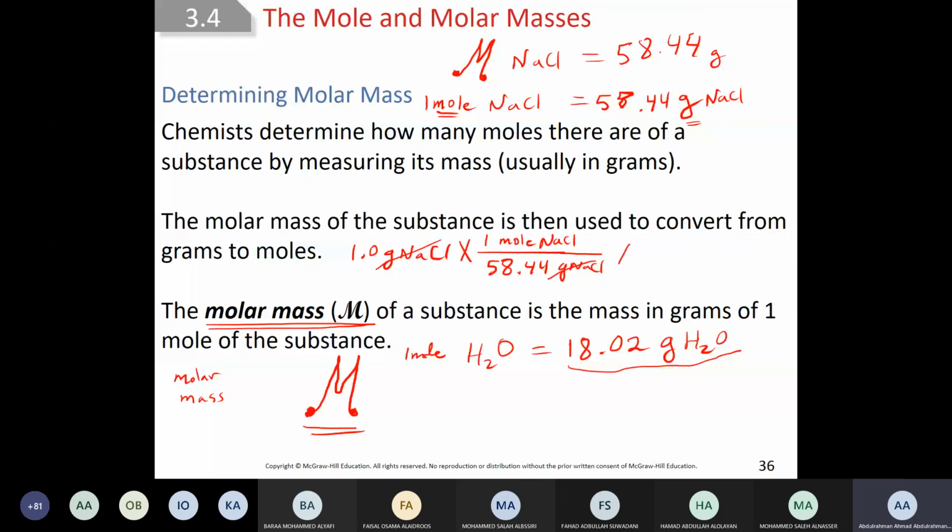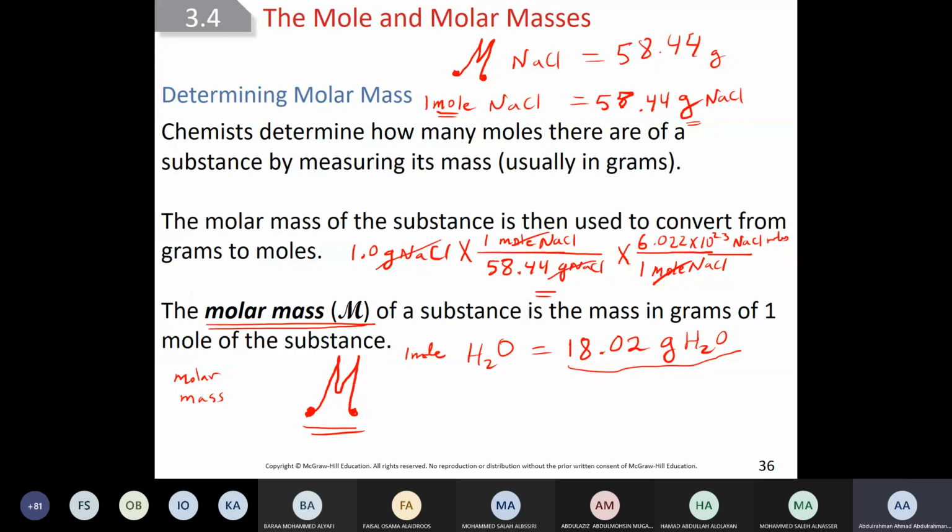Now, can you change number of moles to a number of molecules? Yes, multiply by Avogadro's number. Now I say 1 mole of NaCl is always equal to 6.022 times 10 to the power 23 NaCl molecules. And with this unit, I can calculate from gram to number of molecules.